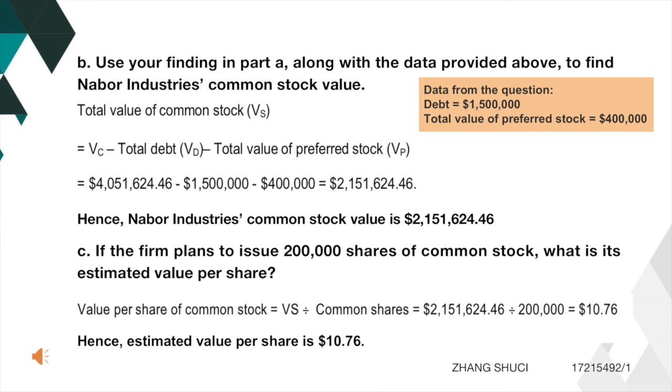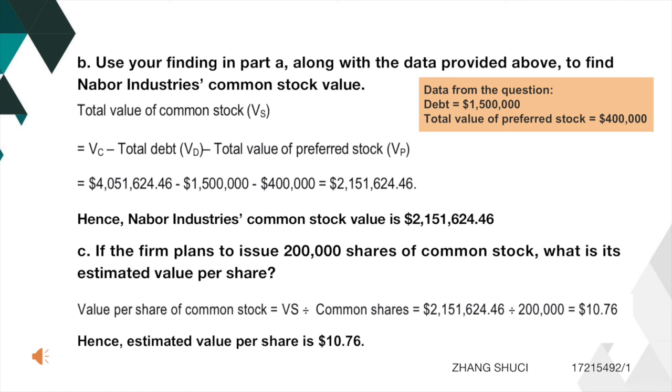In this slide, I will answer question B and question C. I think they are both very easy because we have calculated the most difficult one, question A. For question B, using the finding from part A along with the data provided above, find the Naval Industry common stock value. This question uses one formula: the total value of the common stock is equal to the value of the company minus total debt and minus the total value of the preferred stock.